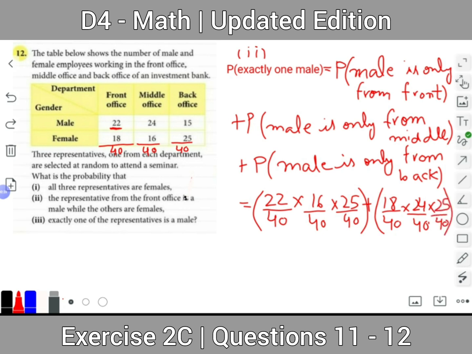Now plus the number of women in the front office is 18 over 40 multiplied by the number of female in the middle office is 16 over 40 multiplied by the number of male only from the back office is 15 over 40. Now we will see how further simplifications we can make in the three brackets.